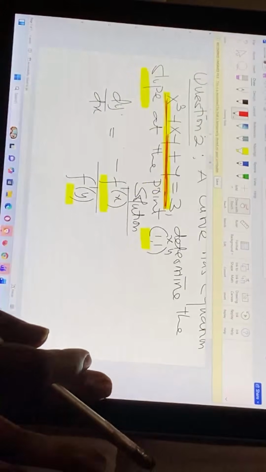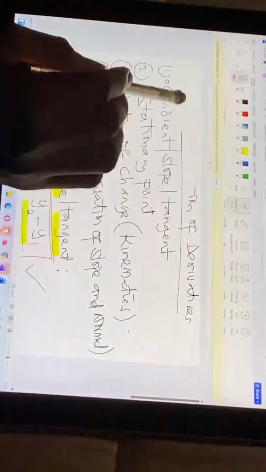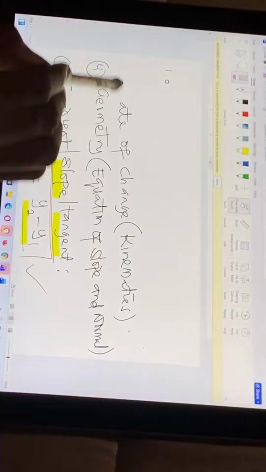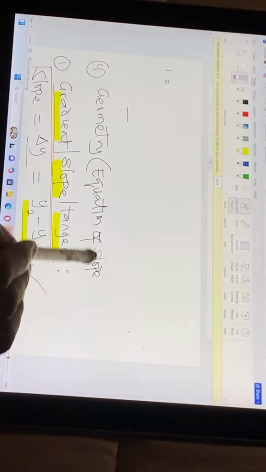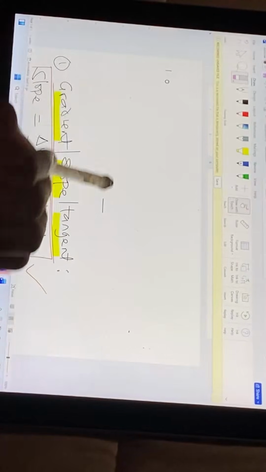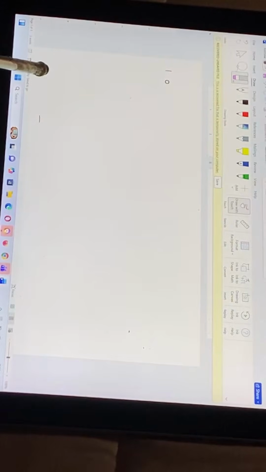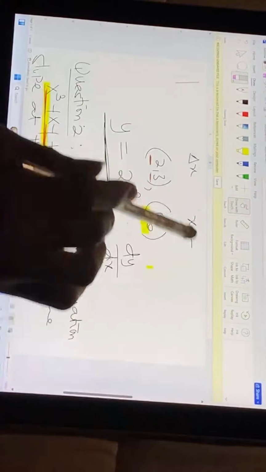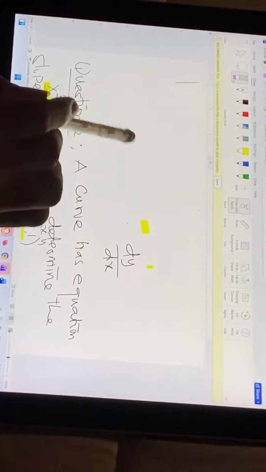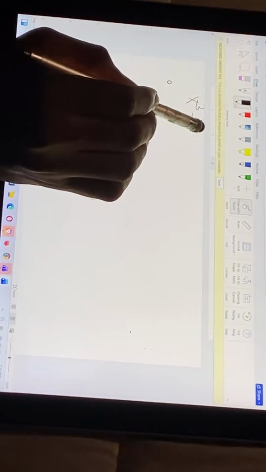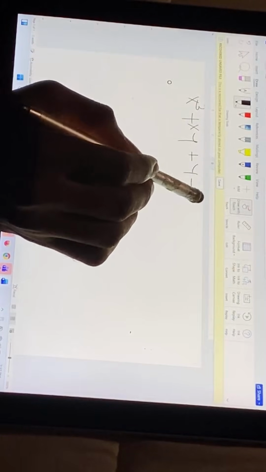So the equation will be, please permit me to clean the board. Class, so the equation will be s cubed plus sy plus y minus 3 is equal to 0.